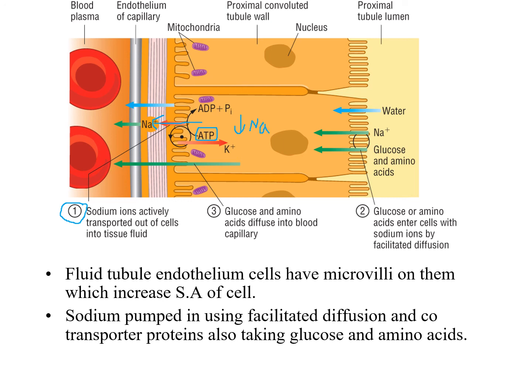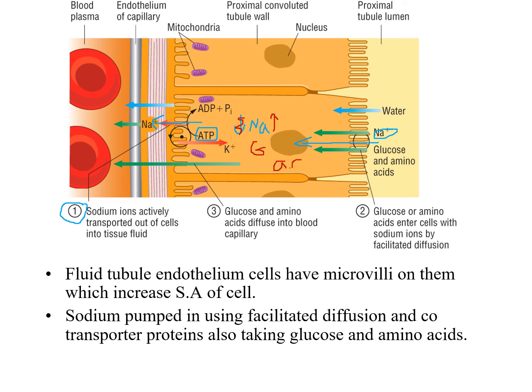That means sodium wants to move in from the proximal convoluted tubule into the epithelial cell, but it can only do it if it goes through a co-transporter protein and it brings in glucose and amino acids. So in your cell, the sodium will go from being low concentration to a bit higher concentration because you've just moved it in via facilitated diffusion. You'll also have glucose, which I'm just going to represent by a letter G, and also we've got amino acids.